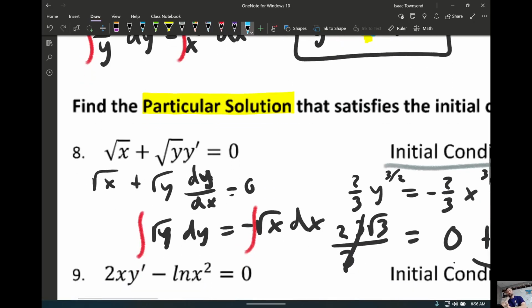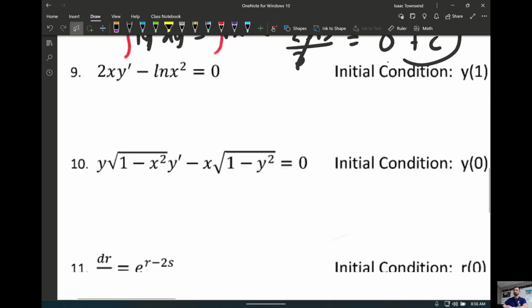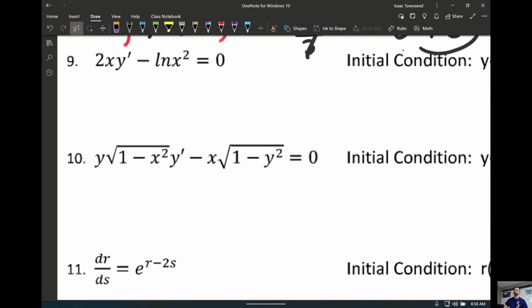Okay, and then let's talk about one where we actually have to solve for c. So let's look at question 9, and then we will quit with this handout for today at least. So I don't see the dy dx, so might as well make a step out of that. Okay, I've got lots of x stuff and not much y stuff.